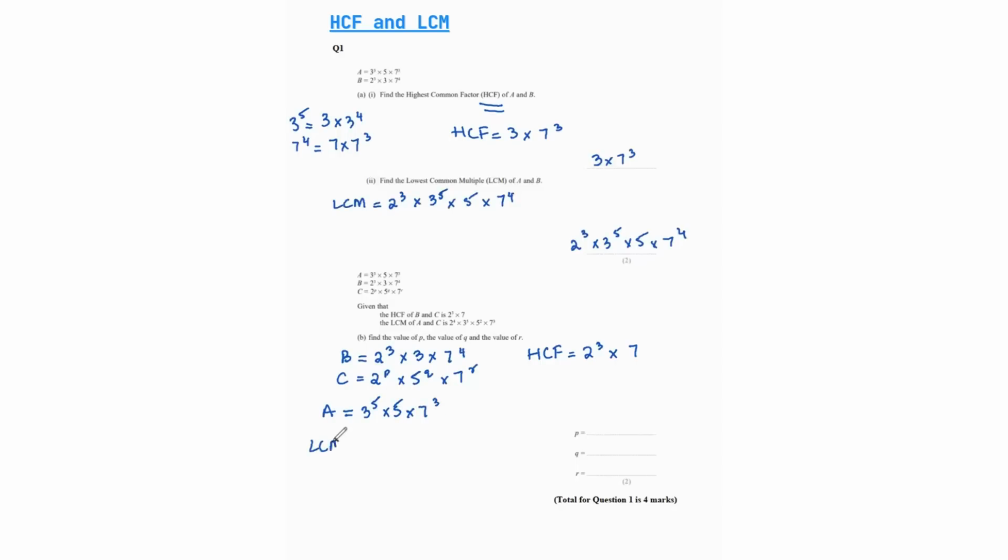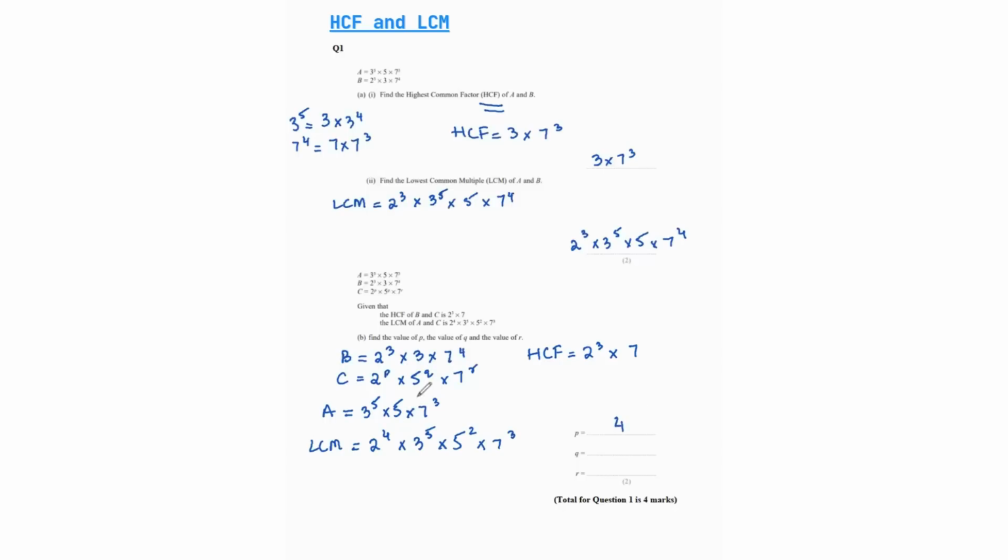Your LCM is given as 2 to the power of 4 times 3 to the power of 5 times 5 squared times 7 cubed. Now, if you compare A and C, A doesn't have 2, but C does have 2. And as I told you, when we're doing the lowest common multiple, we take all of the numbers and we pick the highest powers. So which means P would be 4.